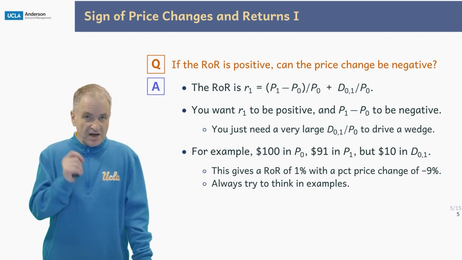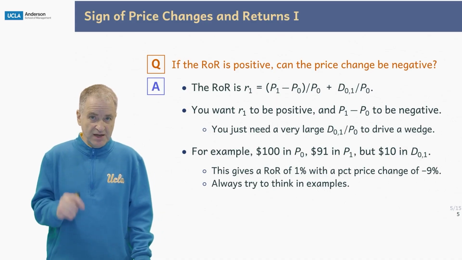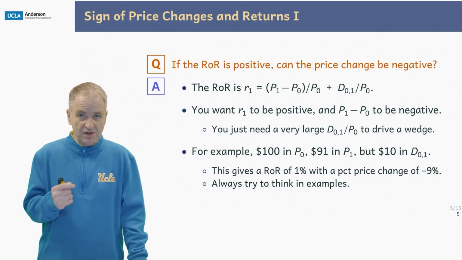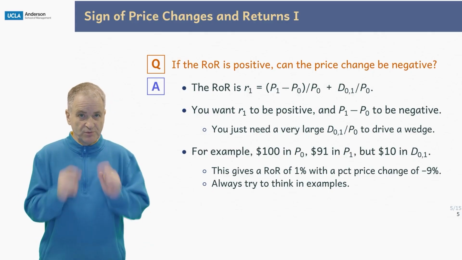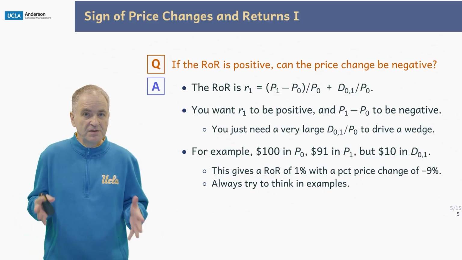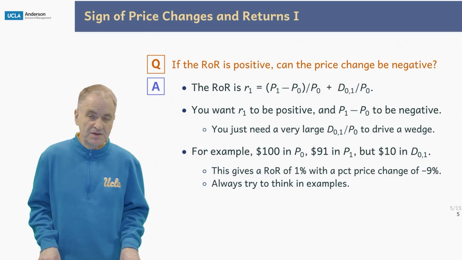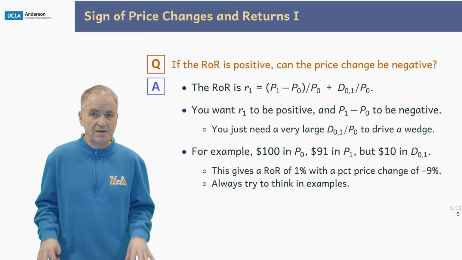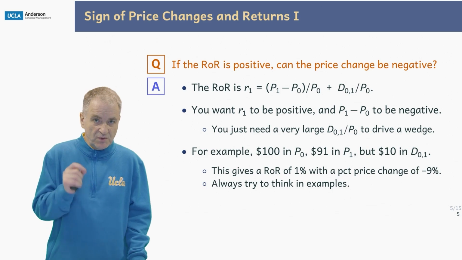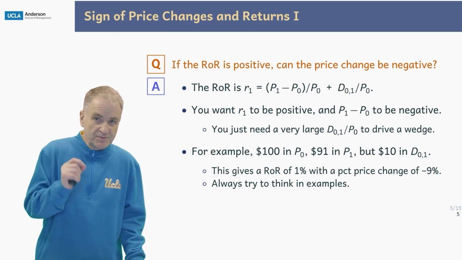What you want is R1 to be positive and P1 minus P0 to be negative. So what we will need is a very large positive D over P0 to drive a wedge between the two. For example, $100 for P0, you buy it for that, $91 for P1, and $10 for D01. So this is going to give you a positive rate of return of plus 1% with a percent price change of minus 9%.